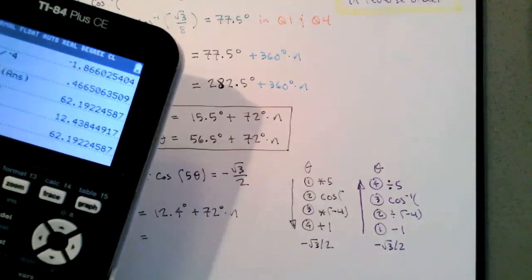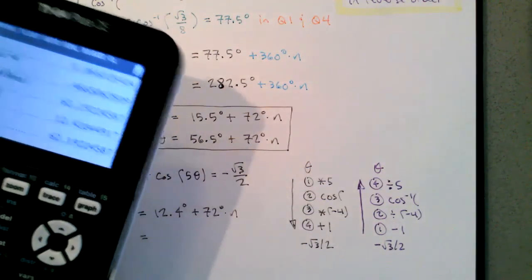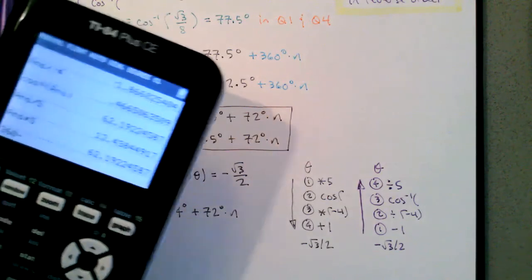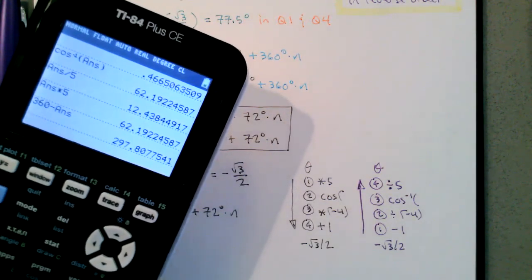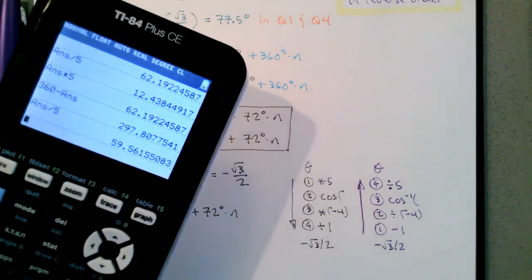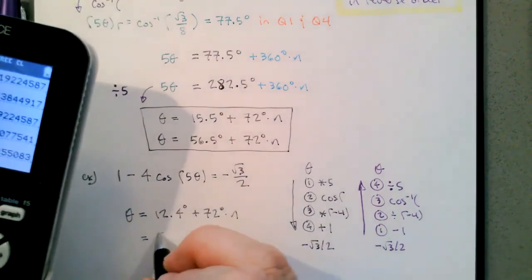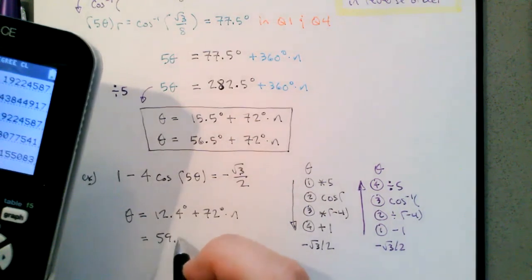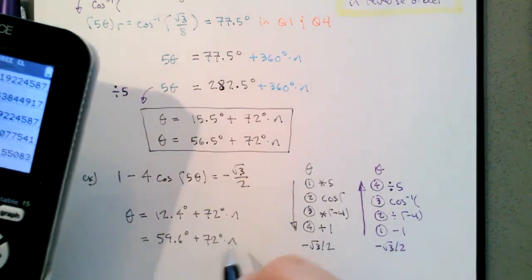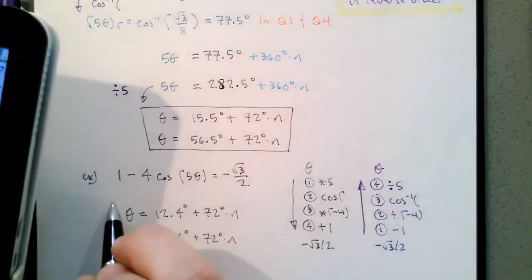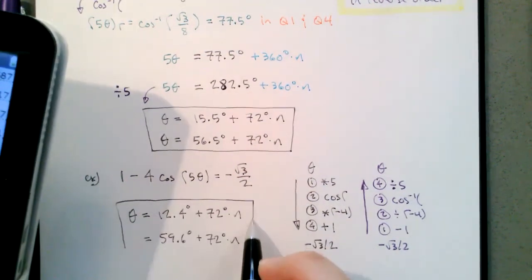I need to put this in the 4th quadrant. So that's 297, and then I need to divide it by 5. So here are our infinite number of results.